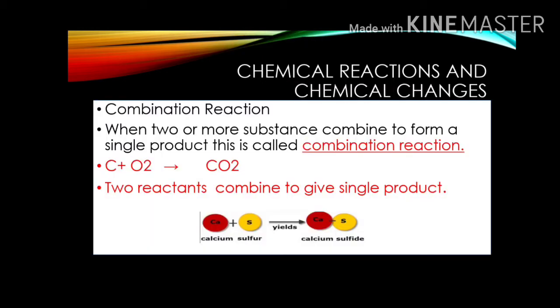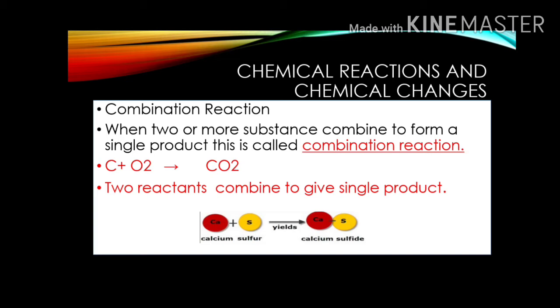So first we are going to start with chemical reactions. Number 1, combination reaction. Combination reaction means when 2 or more substances combine to form a single product, then this is called combination reaction. So let's have a look at the example.